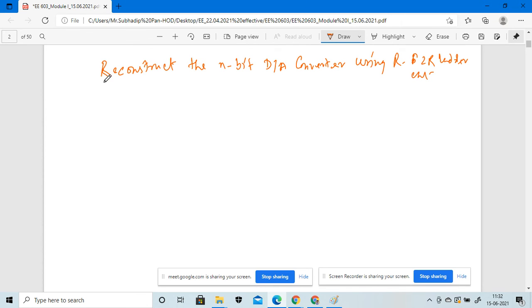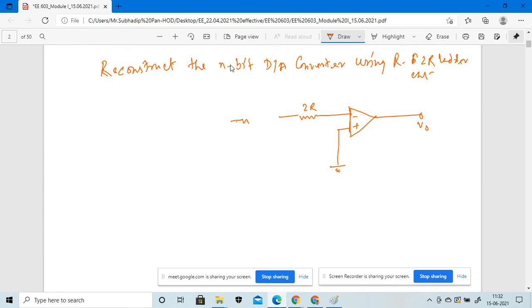How will it look? The configuration will be the same. We will consider the operational amplifier over there, the same thing that we connect. Here we consider my V0, and we put this 2R.